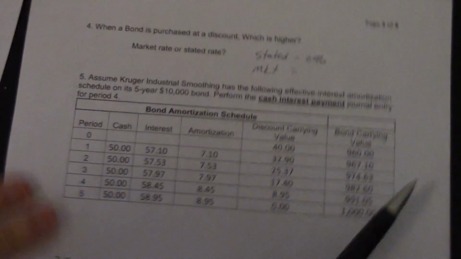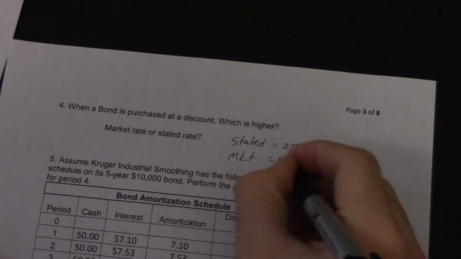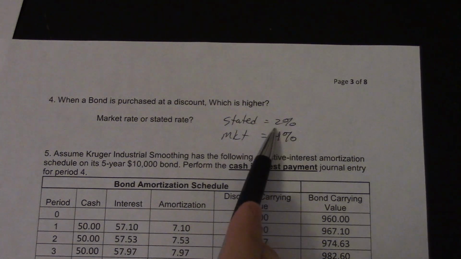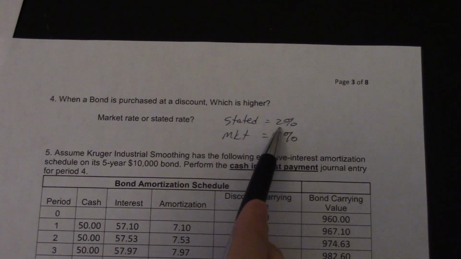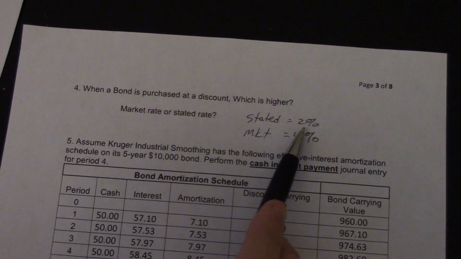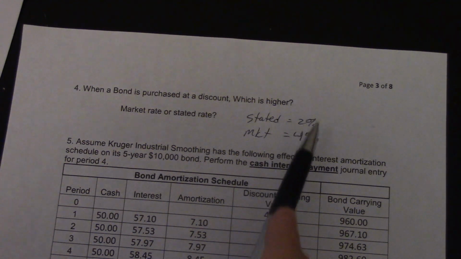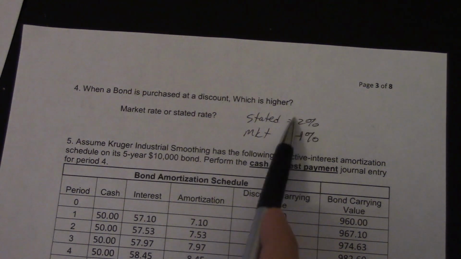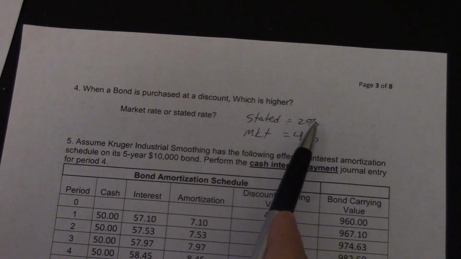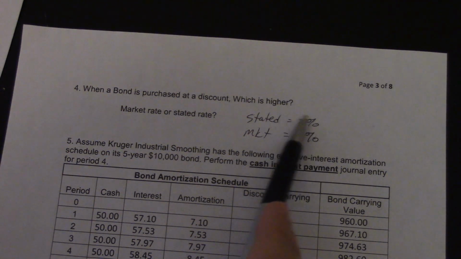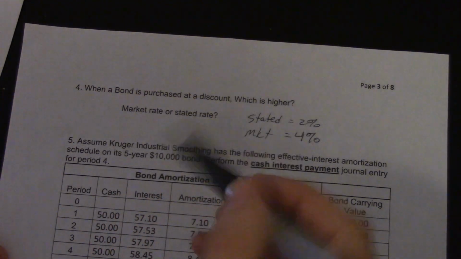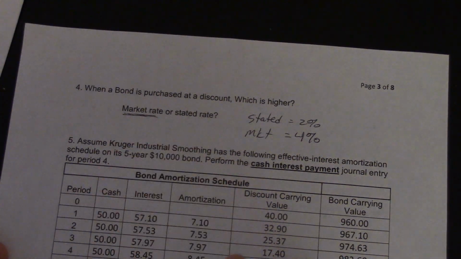In other words, the market may have an interest rate of 4%, but this bond says that it will give 2%. So investors will look at that and say, hey, I can go out on the market and find an even better bond that gives 4%. Why would I buy this 2% bond? And so they demand a discount on the bond because they're not getting a good interest rate. So when a bond is purchased at a discount, the market rate is higher.